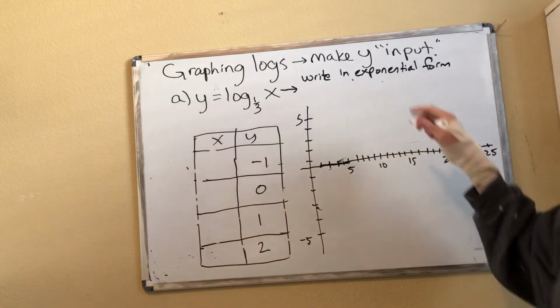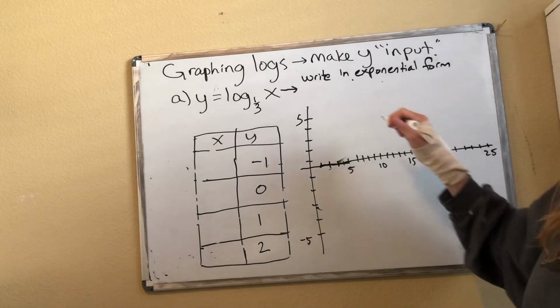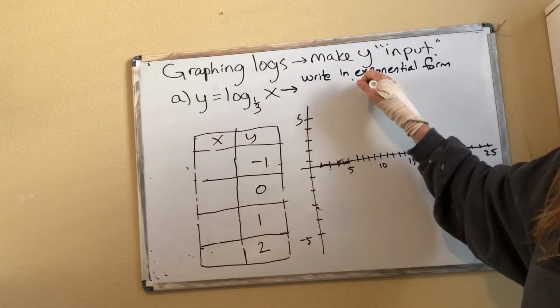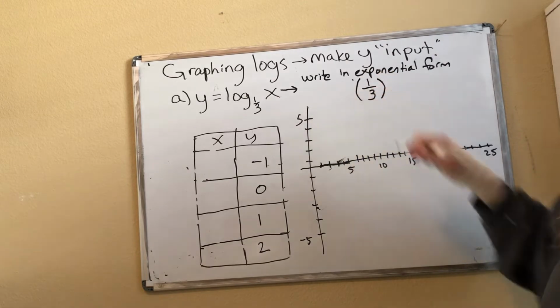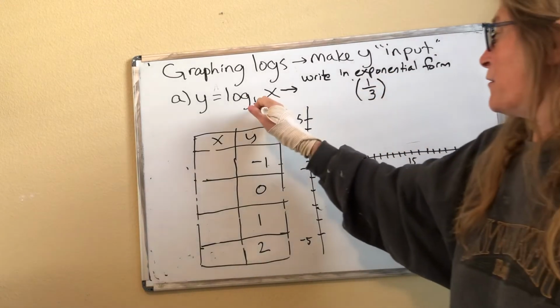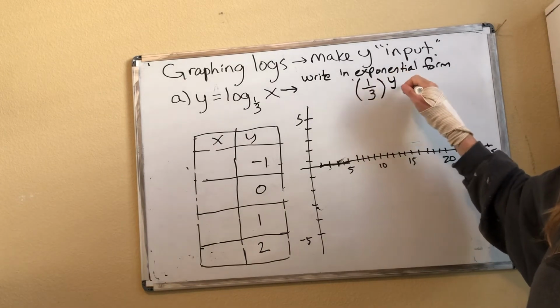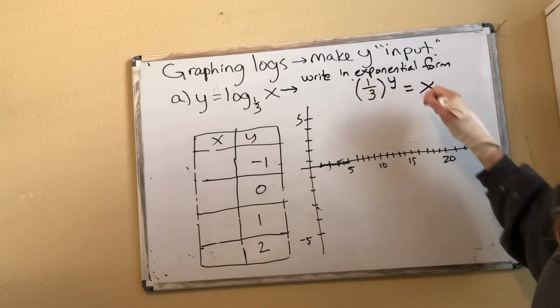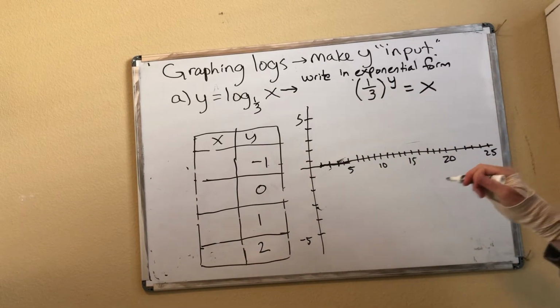Again, we want to write it in exponential form. I know that the 1/3 is the base, and I'm going to use parentheses because that's a fraction. So (1/3) to the Y equals X. Again, it makes sense for us to plug in Y values.